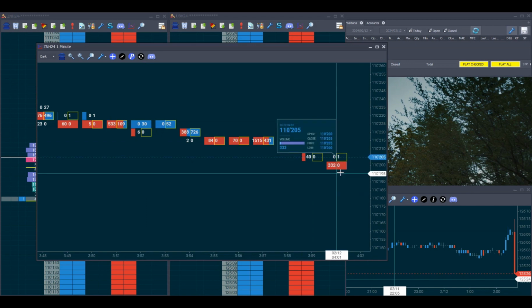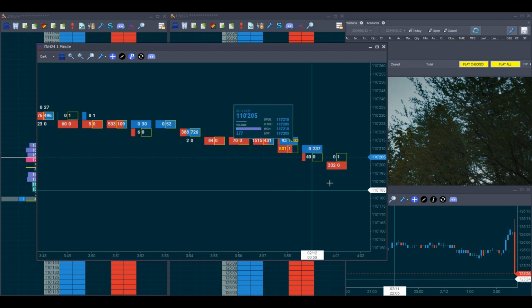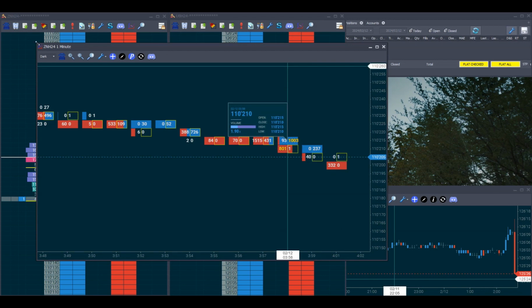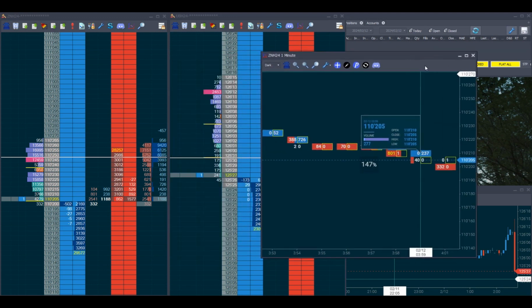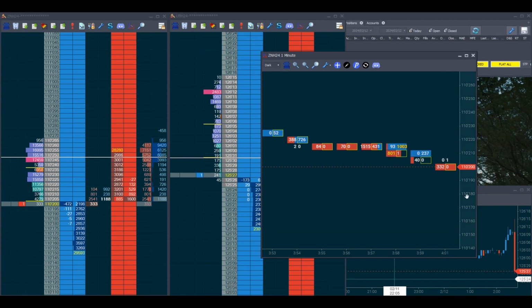That was the opening price of 200, and the closing price is currently there. If this updates, I just want to see if it updates. So that was sold on the left hand side.